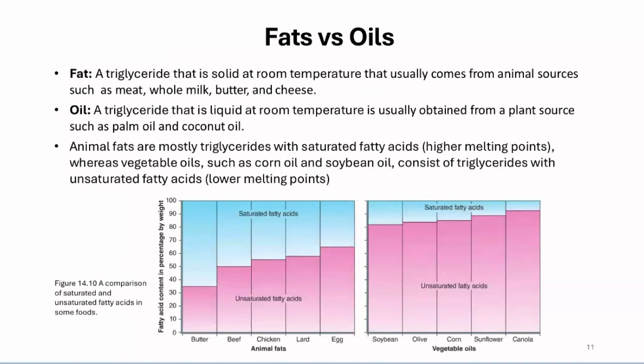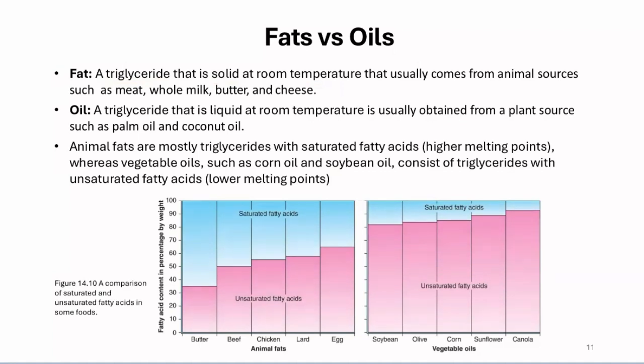When it comes to triacylglycerols, some of them we categorize as fats, and others we categorize as oils. The basic difference is that fats are triglycerides that are solid at room temperature, and usually come from animal sources like meat, whole milk, butter, or cheese.